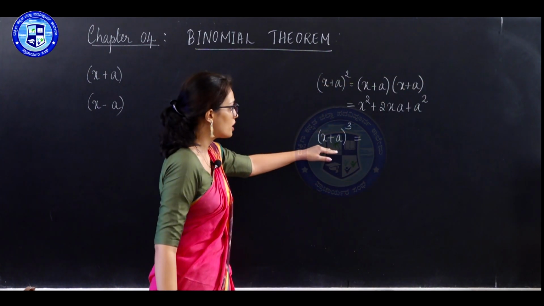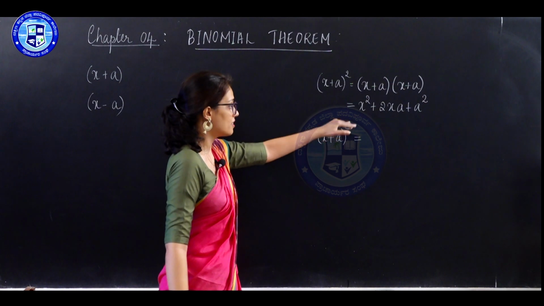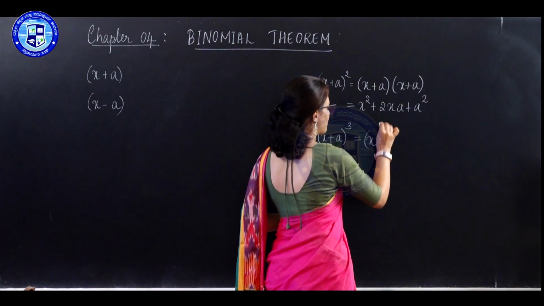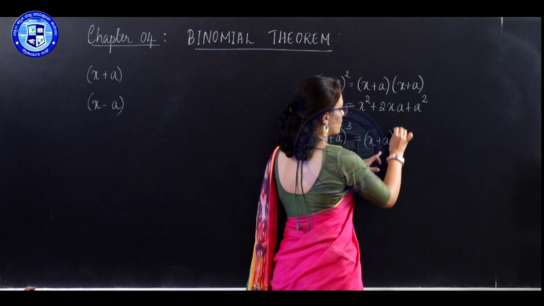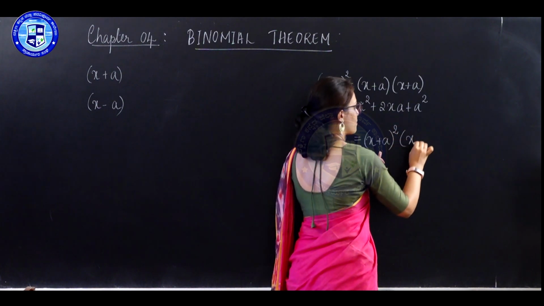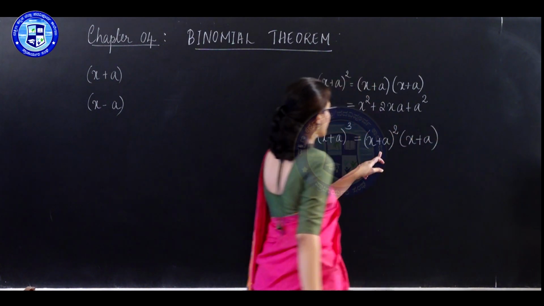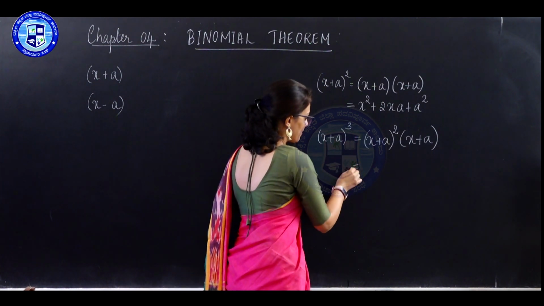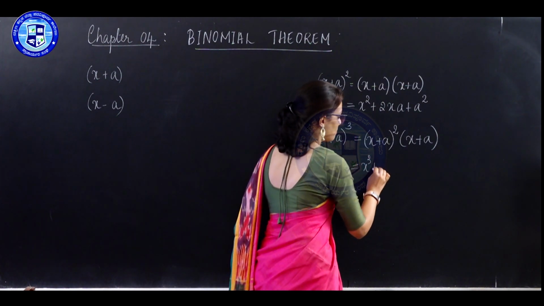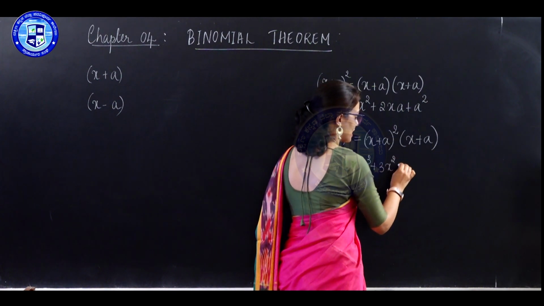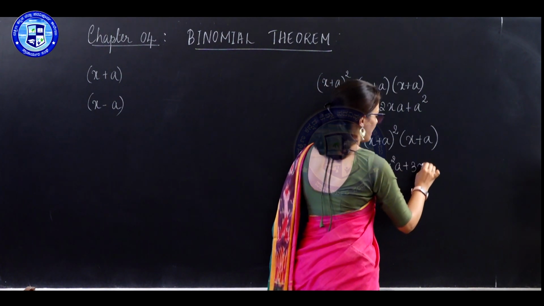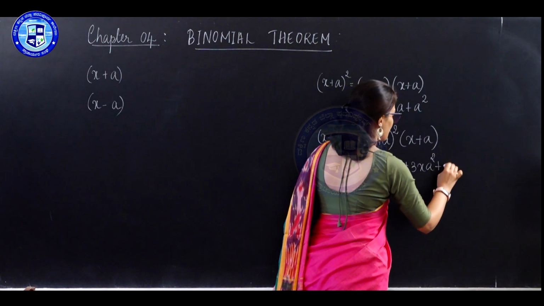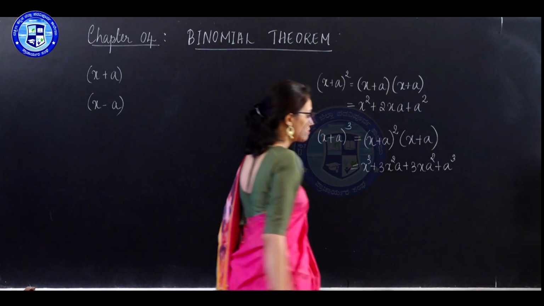Similarly, you found out x plus a the whole cube by multiplying x plus a the whole square with x plus a, or basically you're multiplying x plus a 3 times. Okay? So, this gave us x cube plus 3x square a plus 3x a square plus a cube.